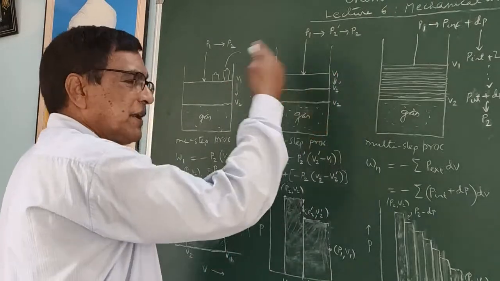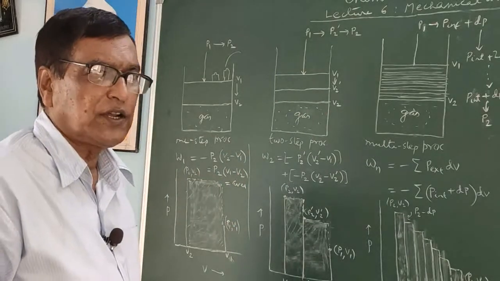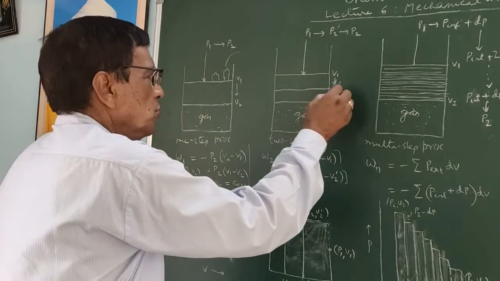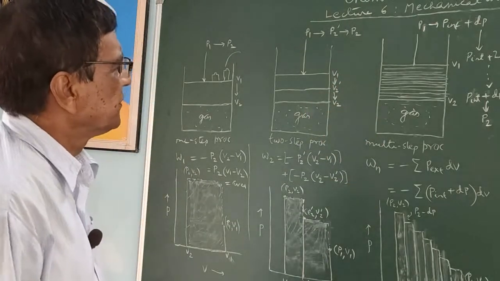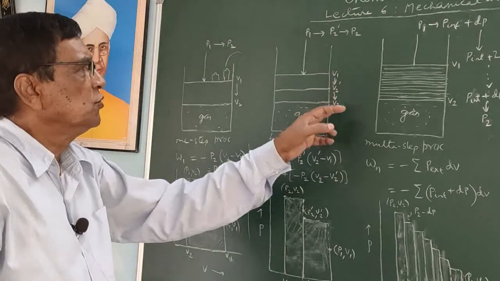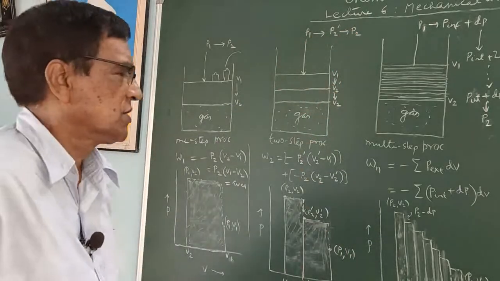Then you add the 2 kg weight on this piston, and V2 dash to V2 follows. It is the same volume change from V1 to V2, but it occurs in two steps.